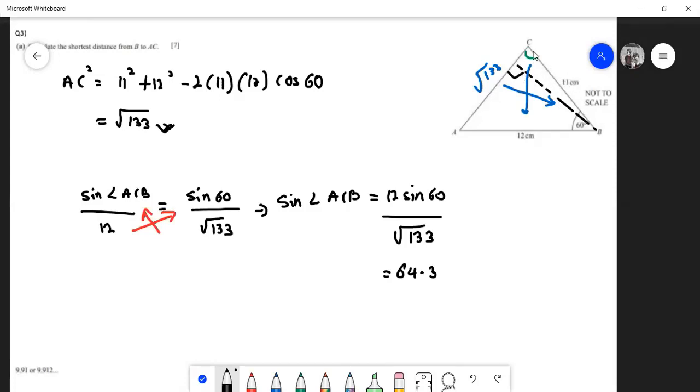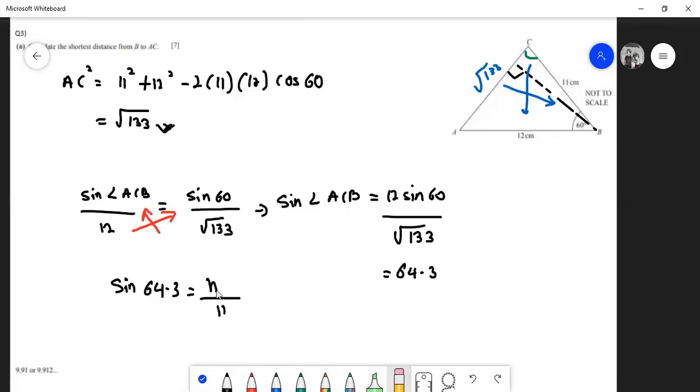I can just use sine. So sine 64.3 equals opposite over hypotenuse. My opposite I don't know yet, so I'm going to put it as the perpendicular length. Since I don't know, I'll put it as height divided by my hypotenuse.